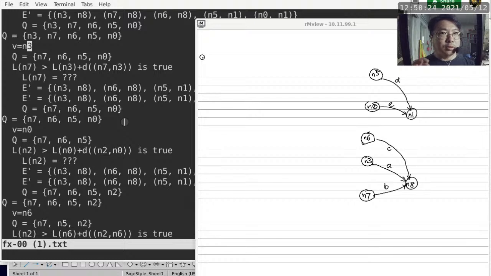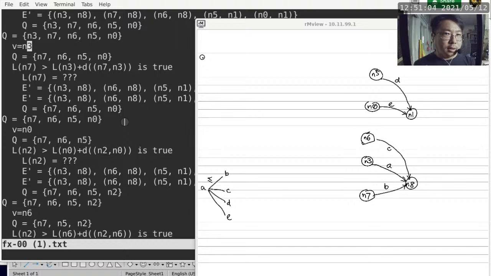That lets us know that N3 may not be less than all of the other ones, but it's certainly less than or equal to all of them. N3 has a distance of A, so we say A is less than or equal to B, C, D, and E.